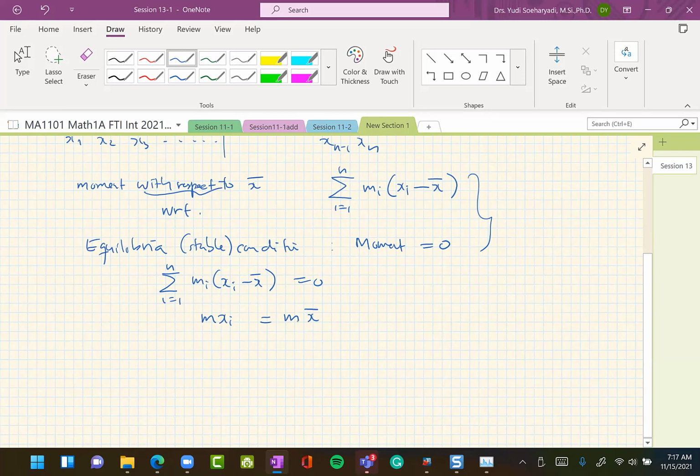This bar means something like an average. Because x bar is constant, it comes out of the sum, and the sum of m_i is the total mass.